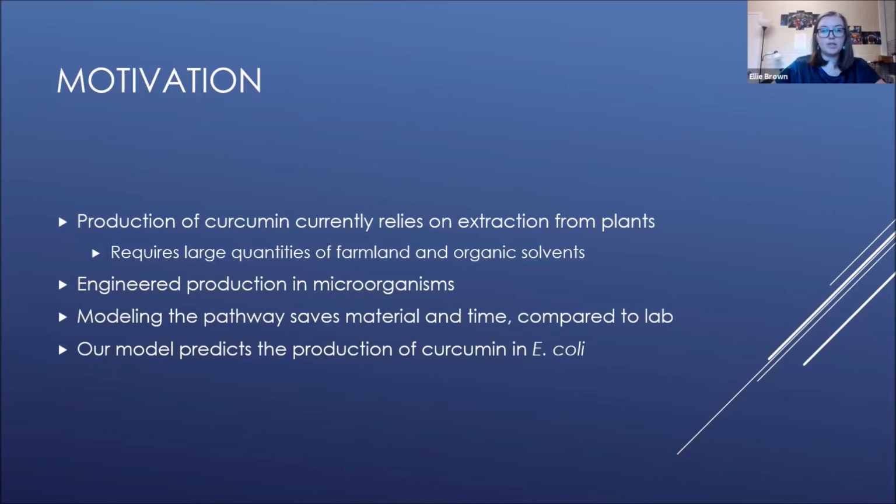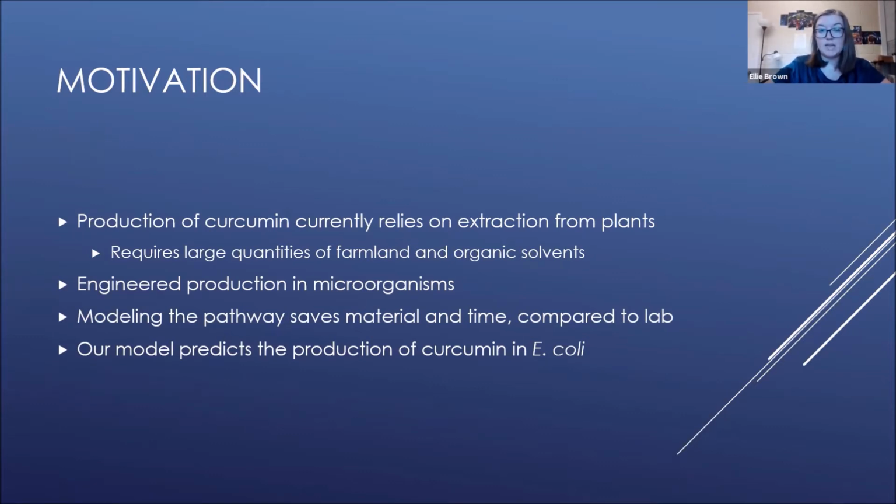Our motivation for doing this is that currently curcumin production relies on growing of the turmeric and then extracting it from the plants. This requires a lot of land, manpower, machinery, water, nutrients, organic solvents, time, all of those things that cost money, really, and time.